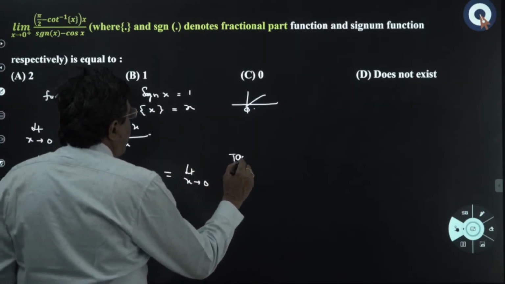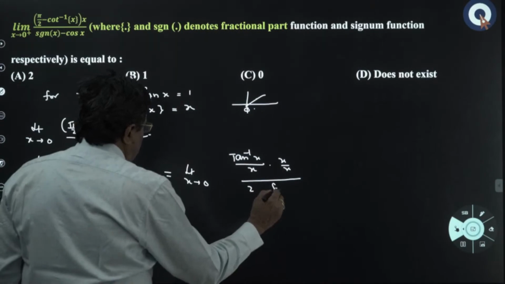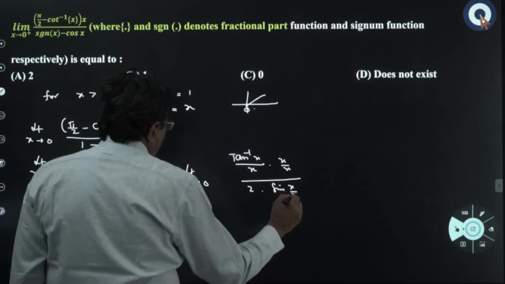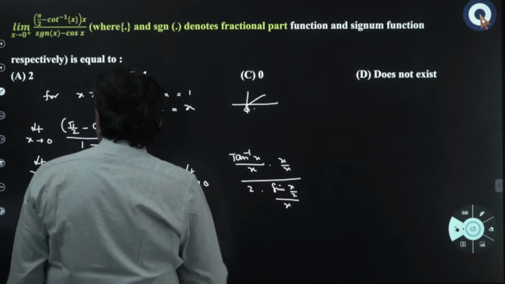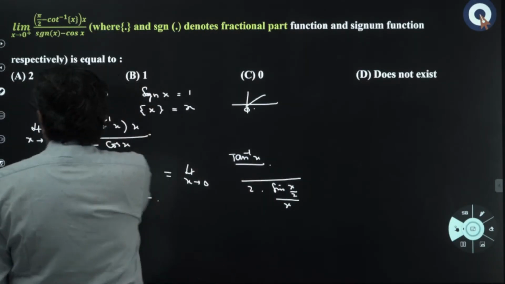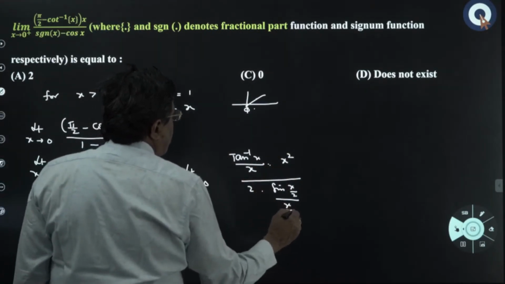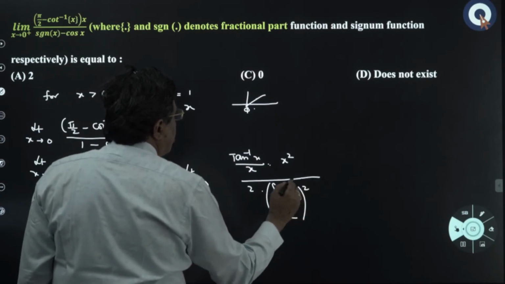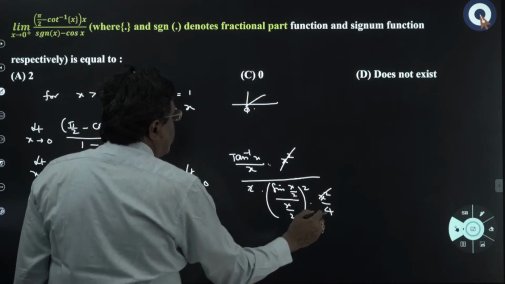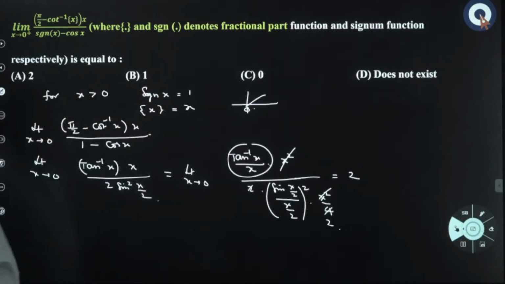So this is tan inverse x by x, by 2 into sin x by 2 by x by 2 whole square, then you write x square by 4. So this x square gets cancelled and this 2 will get cancelled, and this is 1 and this is 1. So what you get is 2. So the answer becomes 2.